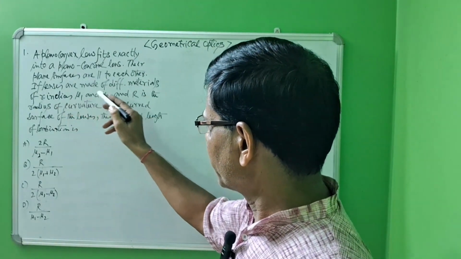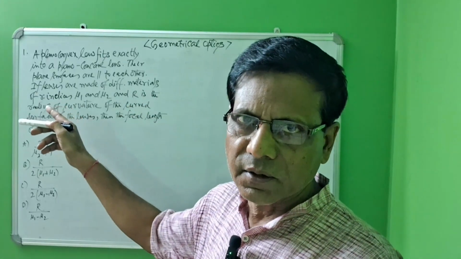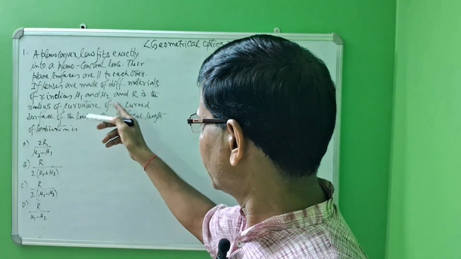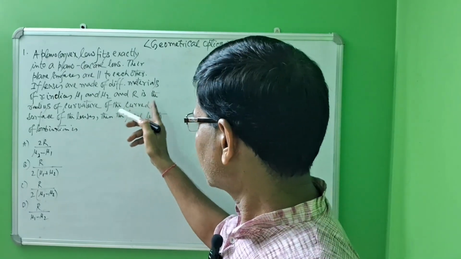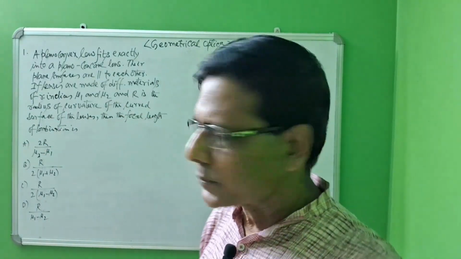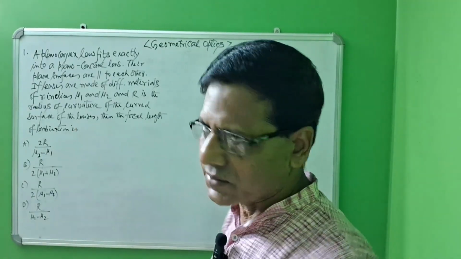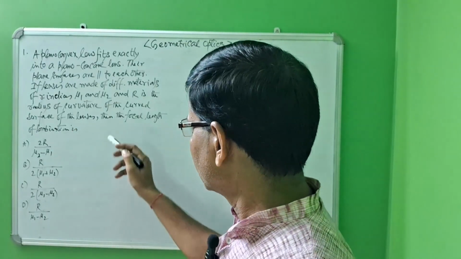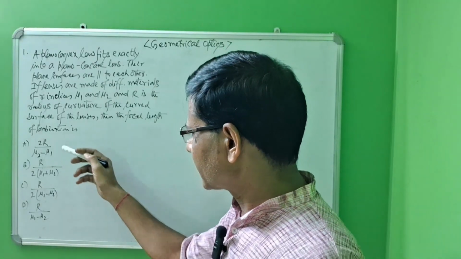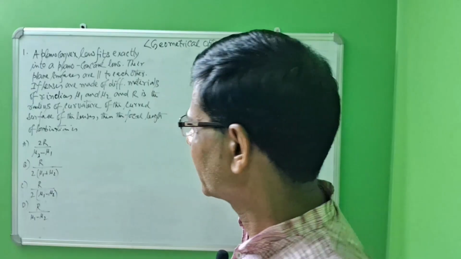If lenses are made of different materials of refractive indices μ1 and μ2, and r is the radius of curvature of the curved surfaces of the lenses, then the focal length of the combination is these four options given here.